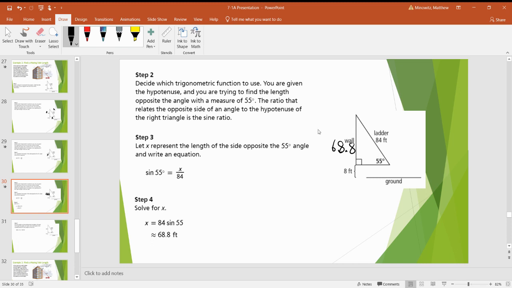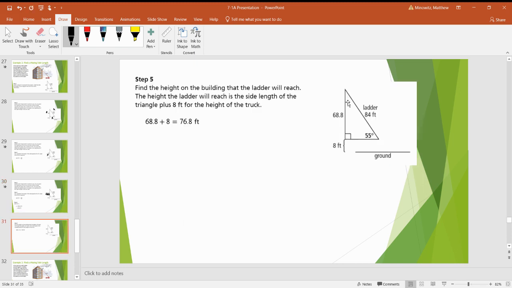Now I've solved for the missing side, I have to answer the question. So how I do that is I figure out that from the ground up to the top of the truck is 8 feet, plus an extra 68.8 feet up in the air, which is 76.8 feet.